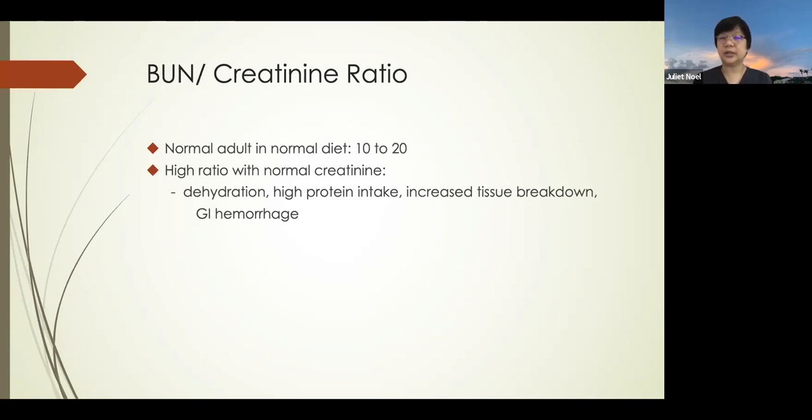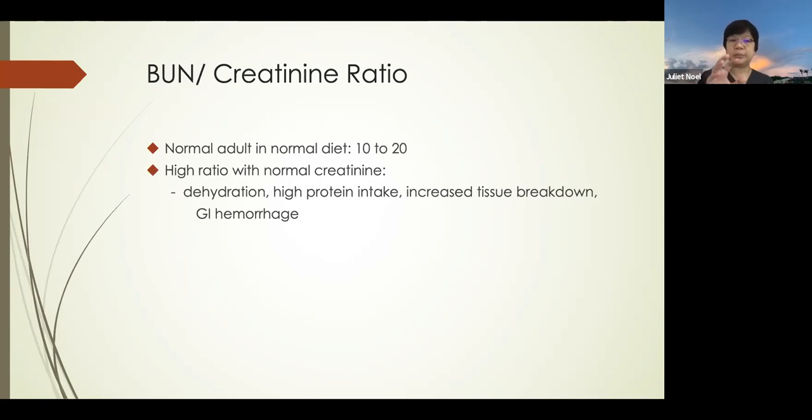Because in GI hemorrhage, the blood is in the intestine, but as it passes through the intestine, it is metabolized and disintegrated. So the urea is being reabsorbed by the intestine. So the BUN is relatively higher.